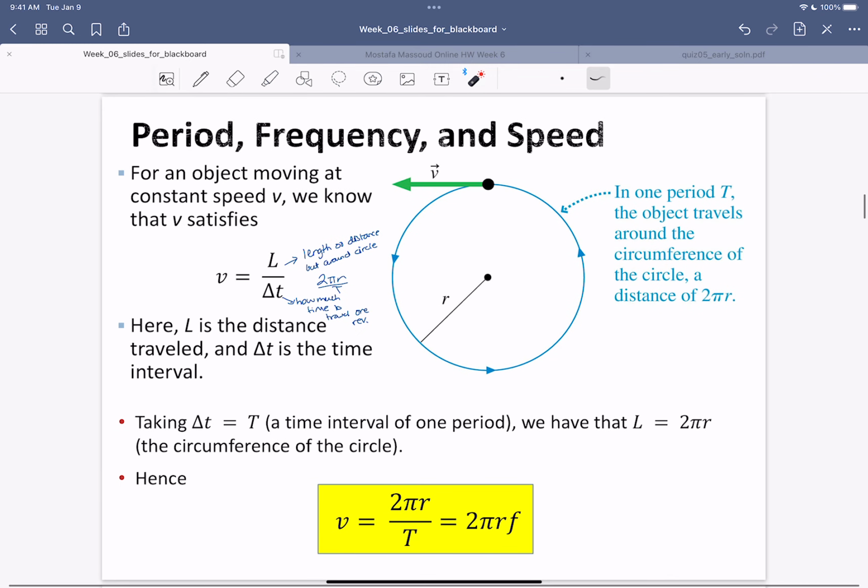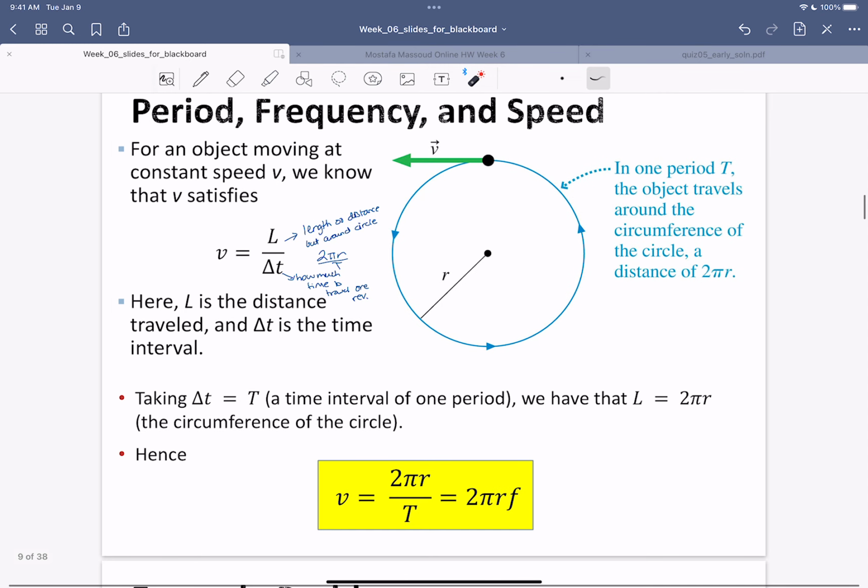Now we're trying to relate speed with frequency, with period, with the distance that we're traveling around the circle. So it's a little bit more complex because we have this speed. We know that speed, based on previous knowledge, is going to be your displacement or distance over time.